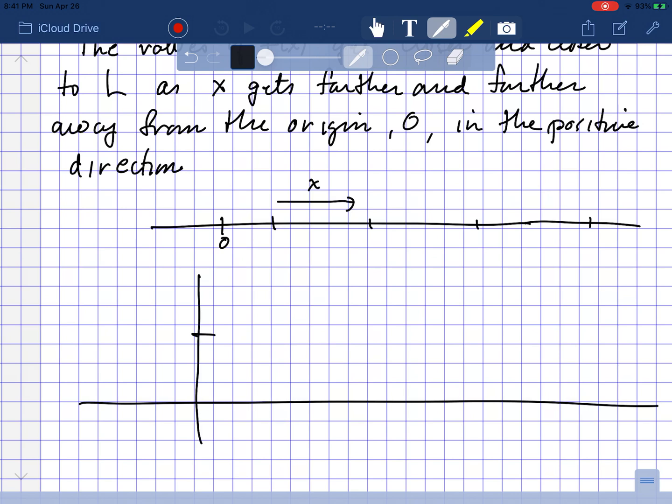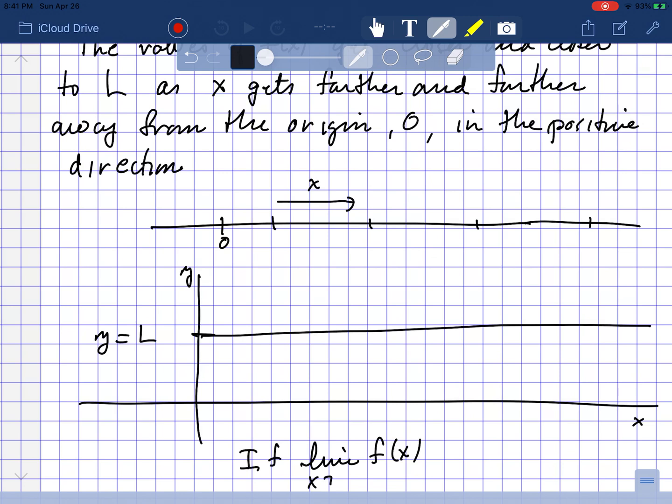So what would that say about the graph of the function f? Here's my y-axis, here's x. This is the line y equals L. Now what I know is if the limit as x approaches plus infinity of f of x is equal to L, then the graph of my function might look something like this, or it might look something like this.